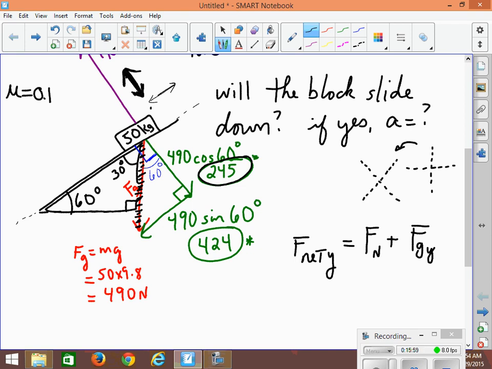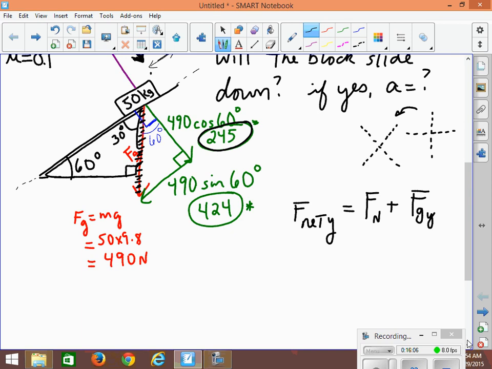If the block's going to move at all, it's going to slide down the hill, which is the x direction. So we know that if there is no acceleration, then ma becomes m times 0, which means the net force is going to be 0, right? The normal force is kind of unknown at this point, so we'll leave it like this.